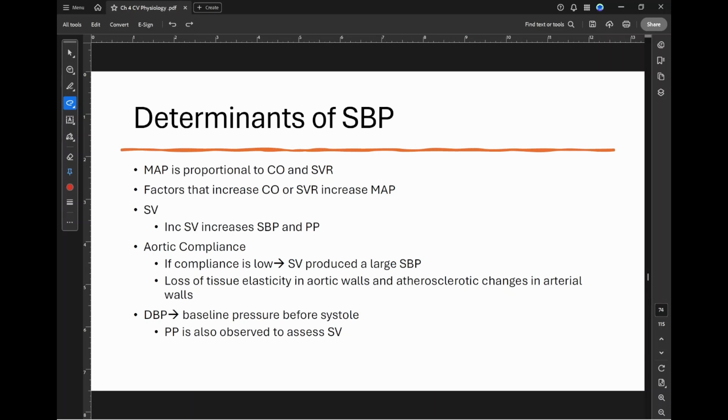Your diastolic blood pressure will also alter your systolic blood pressure. The higher your diastolic pressure is, if you're already at a higher pressure at rest during diastole, when you squeeze, it's going to have a higher systolic pressure as well. So whatever your baseline diastolic blood pressure is will alter your systolic blood pressure as well. So these are the factors that will alter your systolic blood pressure.